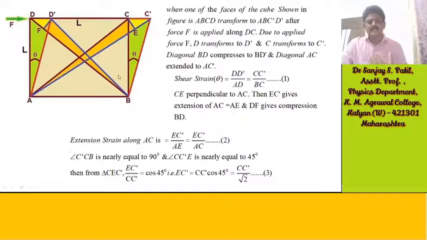Angle C dash CB is nearly equal to 90 degrees, and angle C dash CE is nearly equal to 45 degrees. Then from triangle CEC dash, EC dash divided by CC dash is equal to cos 45 degrees, and so EC dash is equal to CC dash into cos 45 degrees, which is equal to CC dash divided by root 2. Suppose this is equation 3.